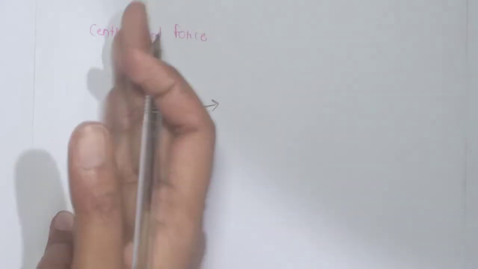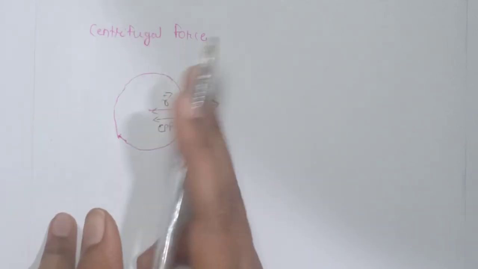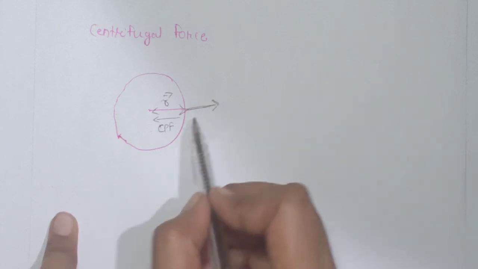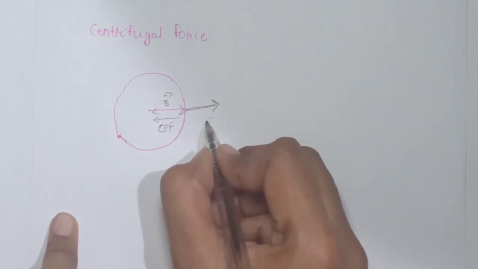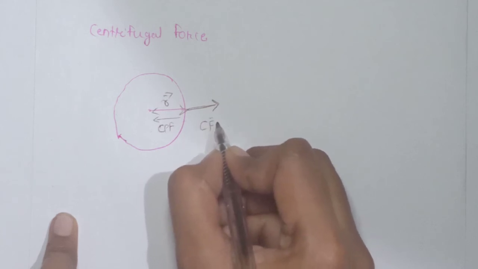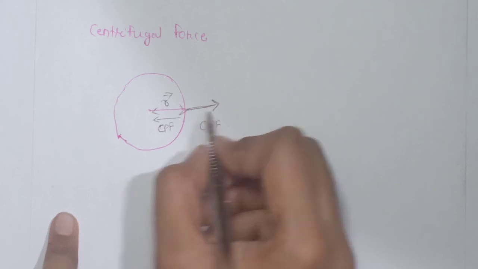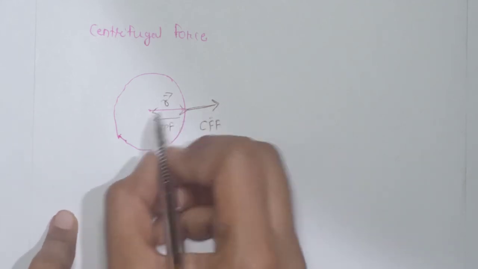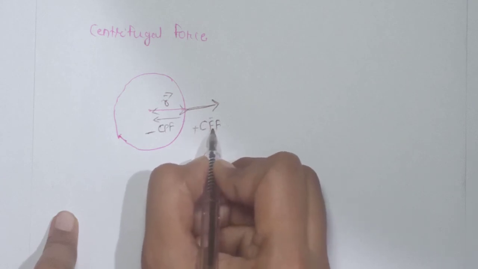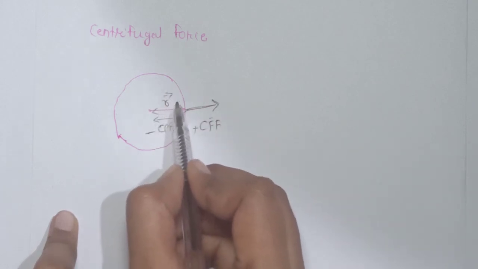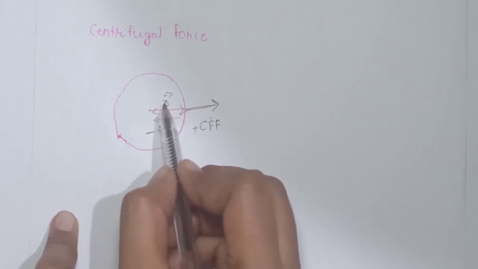So this force will be the action force, and Newton's third law says that if there is an action, there will be an equal and opposite reaction. That reaction is nothing but centrifugal force. So the direction of centrifugal force will be in this direction. CFF stands for centrifugal force. So you have a negative symbol for CPF and a positive for CFF, because our reference is nothing but the position vector, that is vector r.